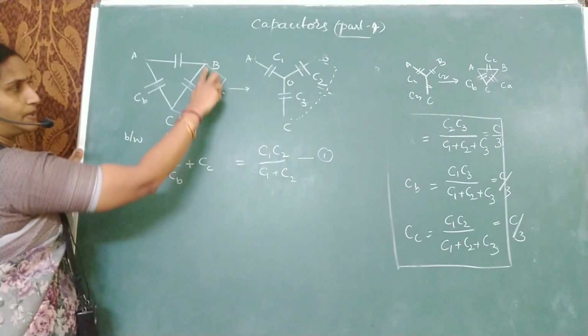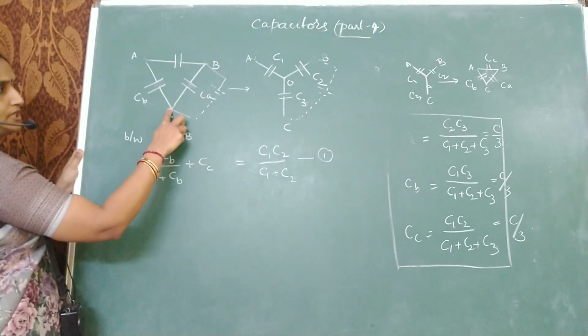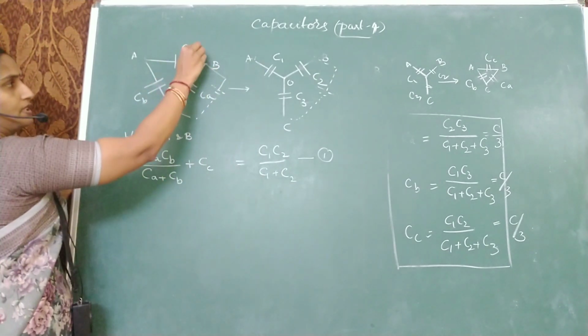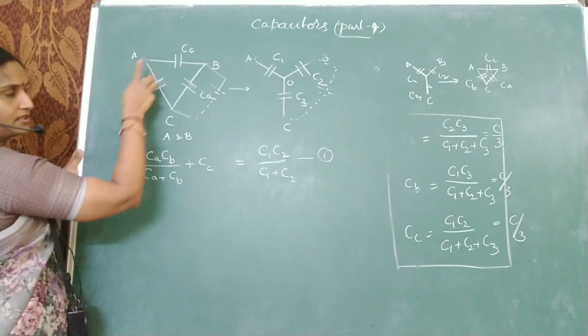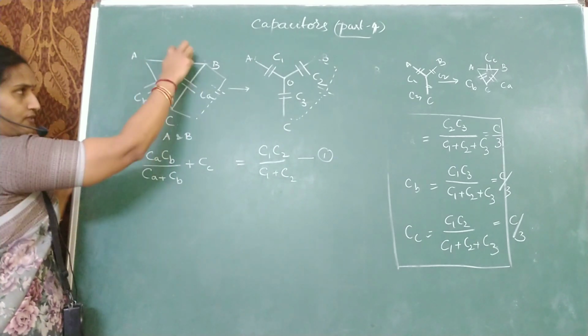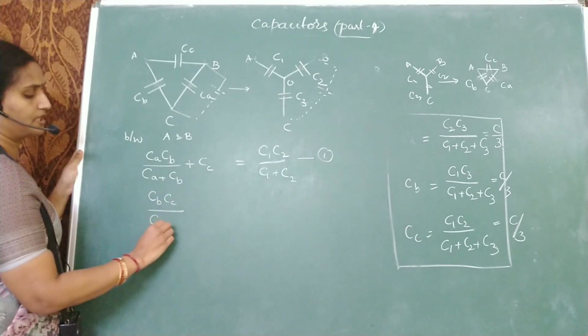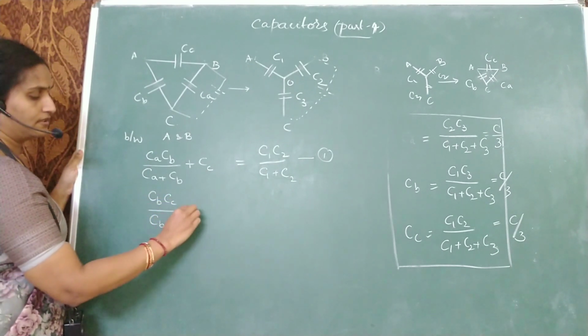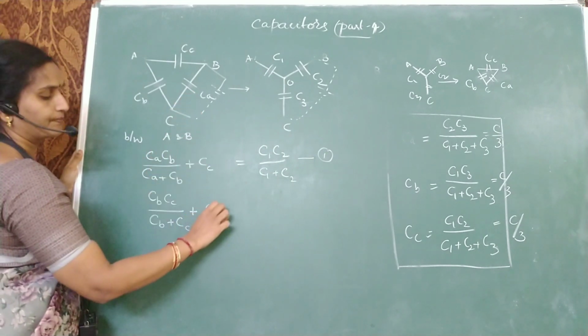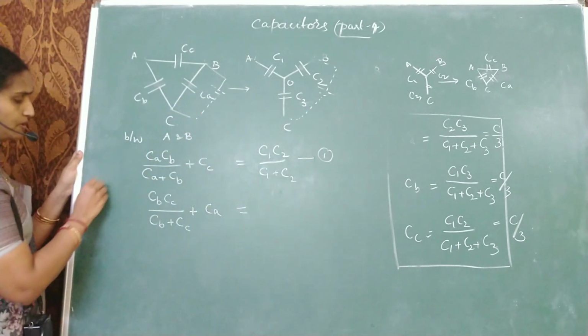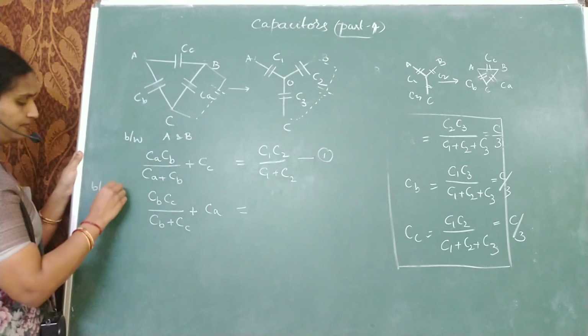So what is the equivalent capacitance? This time, CB and CC are in series, parallel to CA. So the combination is CB into CC by CB plus CC, plus CA.